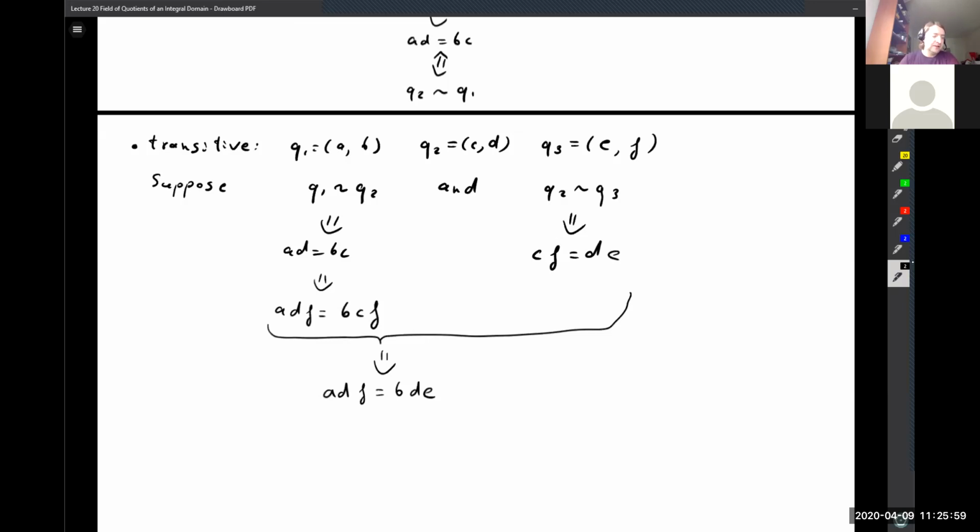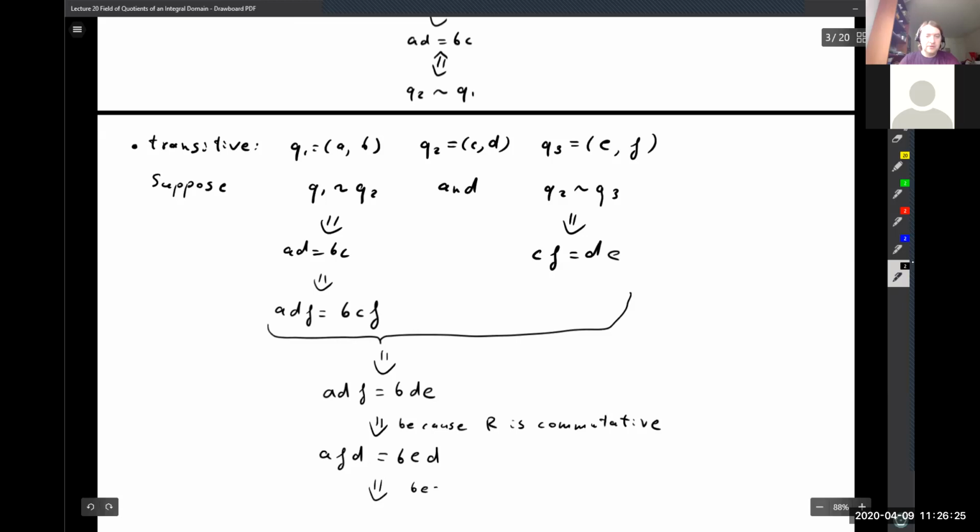Well, or if we factor out, that's because R is commutative, we can reorder to move D on the right. So that's AFD equals BED, right?